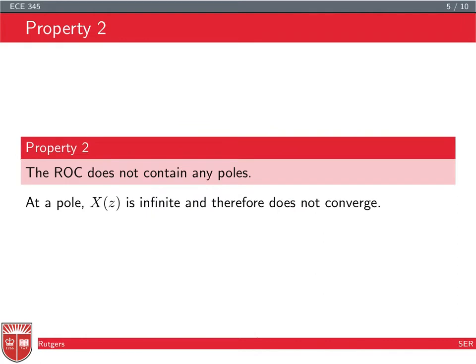The second property of the ROC is that it cannot contain any pole, and this is clear because at the value of the pole, the denominator is 0, which means that H(z) goes to infinity, so it does not converge.